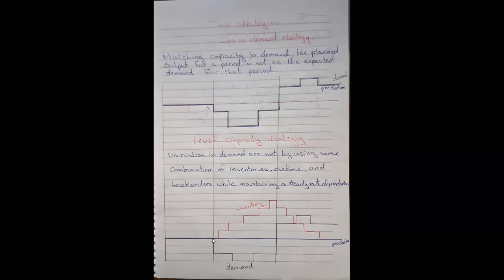And maybe if the demand goes down, you will have more units left over and put them in inventory. And maybe when the demand increases, as in the third part here, you will use the units that you have stored to put them in the market and use them as a backup for any increase in the demand.